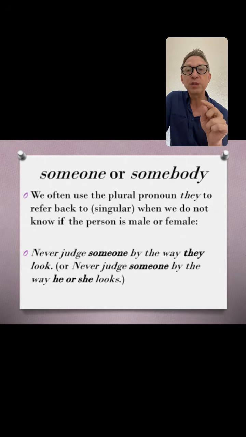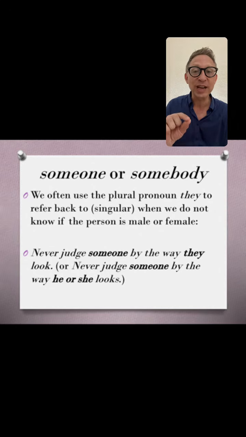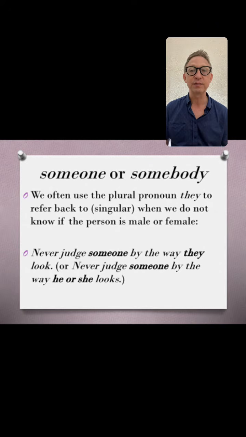When you refer to the pronoun of someone, it often changes to the plural. Watch this. Never judge someone by the way they look. They, do you see? They refers to someone. Now this is why it's confusing. Someone is singular. It takes a singular verb. But they is used as a pronoun of someone. So it's like a second pronoun, and we normally use they.